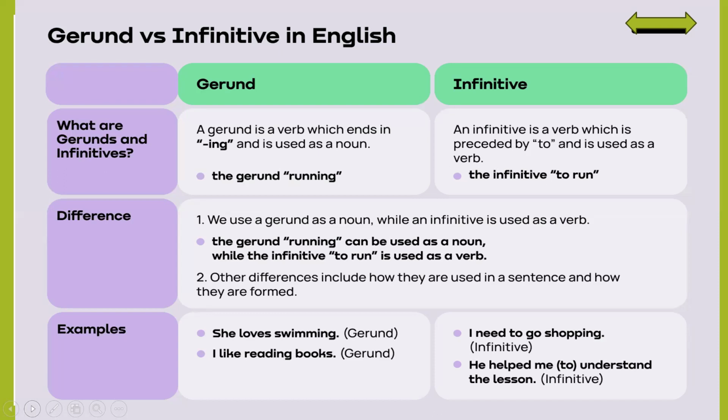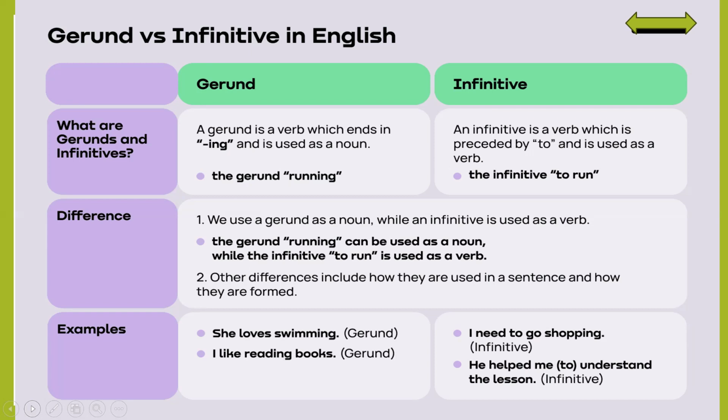Example, the gerund running can be used as a noun, while the infinitive to run is used as a verb. Other differences include how they are used in sentences and how they are formed.